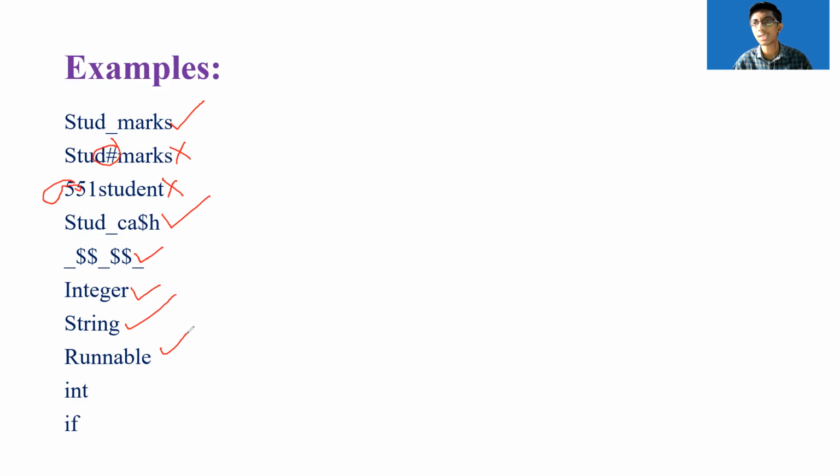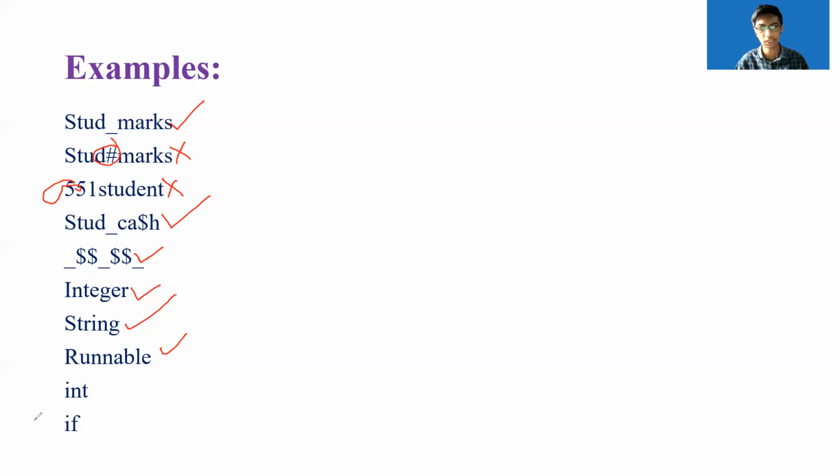They are just names of inbuilt classes, so inbuilt classes can be used as identifier names. There is no issue in taking inbuilt class names as your identifier name, but keep in mind, you should not take keywords or reserved words as identifier names.